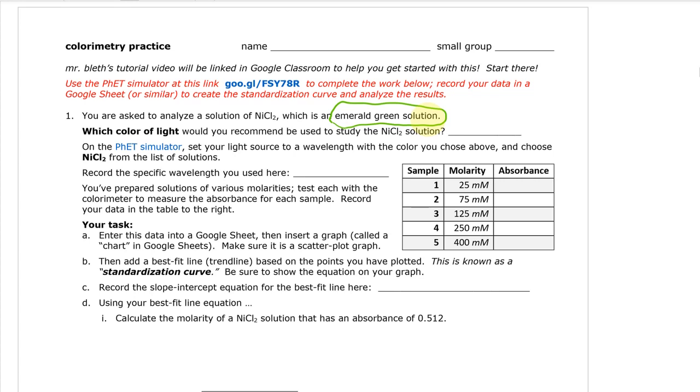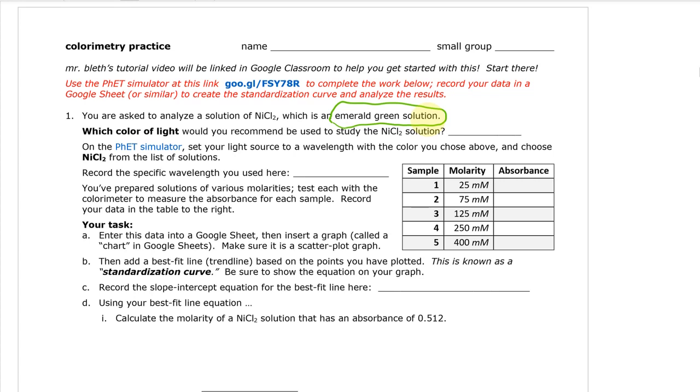There's really no visible color that we can look at and identify with our naked eye, and it's difficult most of the time for a typical colorimeter to measure the intensity of a color in a solution that doesn't have a color that we can see with our eyes. So typically when we talk about colorimetry, we'll be talking about solutions that have a visible color, whether it be any one of the colors of the rainbow, in this case emerald green.